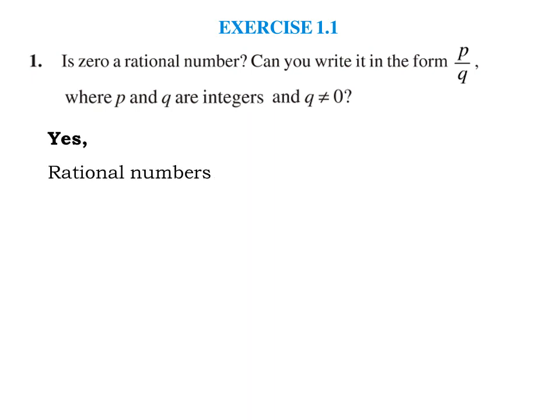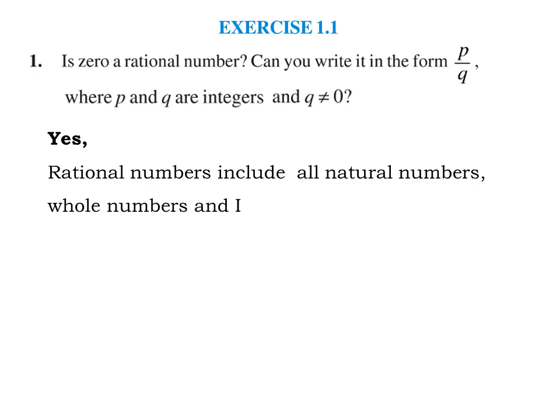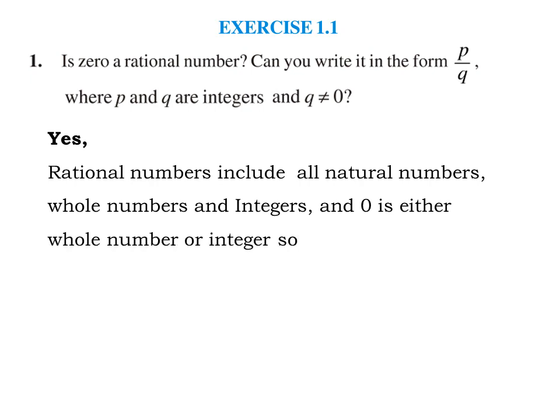Why? Rational numbers include all natural numbers, whole numbers and integer type numbers, and 0 is either a whole number or an integer. So it can be written in the form of p by q, because we can write any rational number in p by q format.